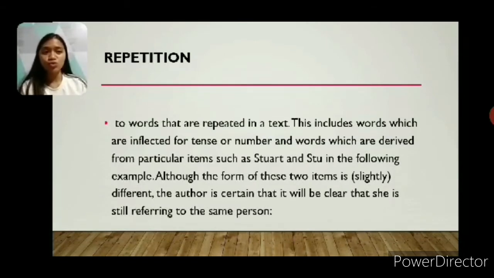This includes words which are inflected for tense or number, and words which are derived from particular items, such as Stuart and Sue. In the following example, although the form of these two items is slightly different, the author is certain that it will be clear that she is still referring to the same person.